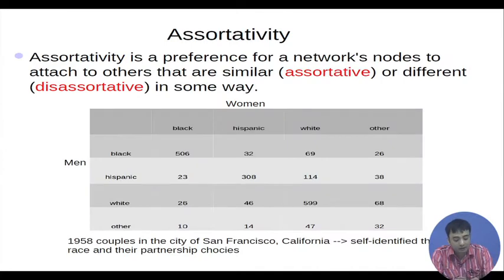Another example was an experiment conducted in San Francisco, where 1958 couples were interviewed. These couples classified themselves into 4 basic classes: the blacks, the whites, the Hispanic or people from Spanish Portuguese origin, and others who could not be classified into any of these 3.